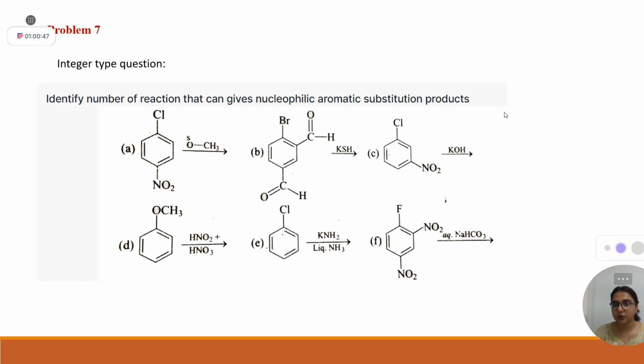You know everything. Take 1 minute and tell me. Tell me your name and then start answering. And if you are saying this reaction is not feasible, give me the reason.